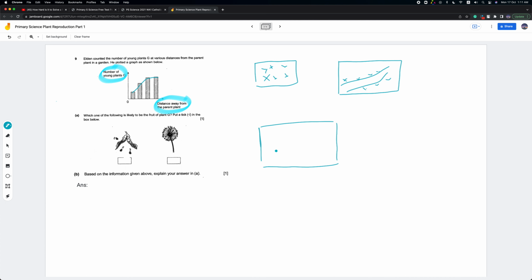And if it's by wind, it will follow the wind direction. Usually there's a wind direction. Even if they don't show the wind direction, you can see the pattern. It follows the wind like that. So it's very different from animals. And the last one, by explosive action, or splitting, it will be in this kind of pattern. Explosive action, it will be near and around.